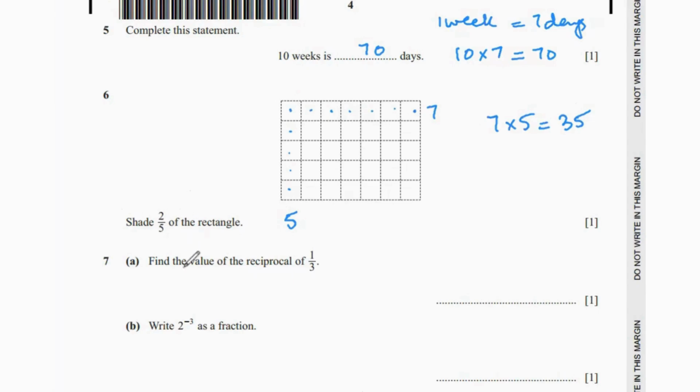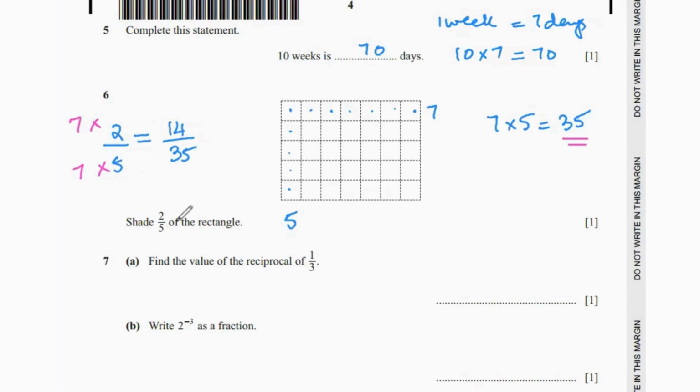To shade 2/5 of the rectangle, we're going to first create an equivalent fraction for 2/5. Since the total number of squares is 35, that means we multiply 5 by 7, and same goes for 2. We times it by 7. If you're multiplying the denominator by one number, you multiply the numerator by the same number as well. So now the equivalent fraction is going to be 14/35.